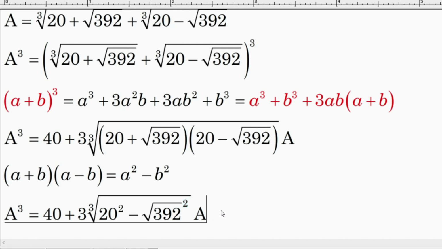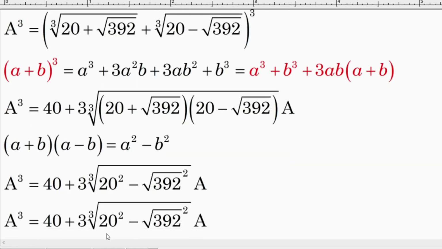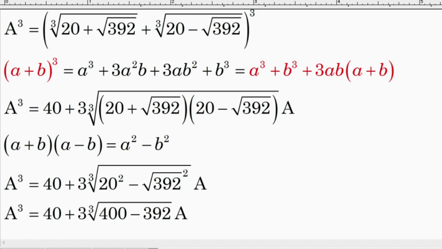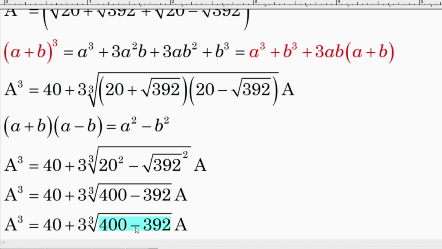So I keep this still the same, and here we have 20 square, which is equal to 400, and here is square with the square root. We can simplify, so then we will get 392, yeah, here. Okay, so then now we will get this. So here we got 400 minus 392 will be equal to 8. Okay, so the cube root of 8 will be equal to 2.